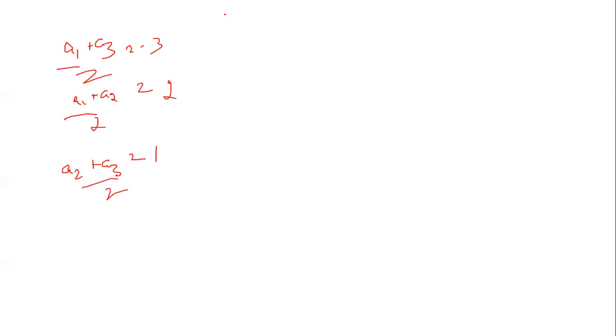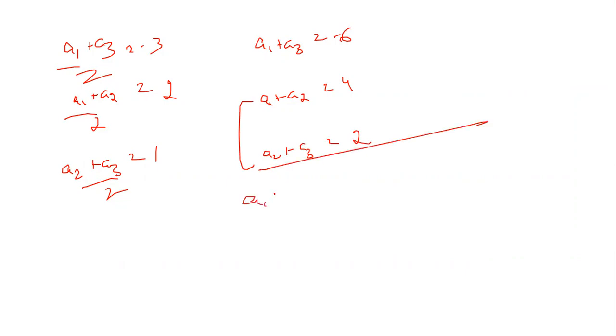So A1 plus A3 is equal to minus 6, A1 plus A2 is going to be 4, and A2 plus A3 is going to be 2. I subtract any two equations. I get A1 minus A3 is equal to 2, and A1 plus A3 is equal to minus 6. I add them both. I get 2A1 is equal to minus 4.